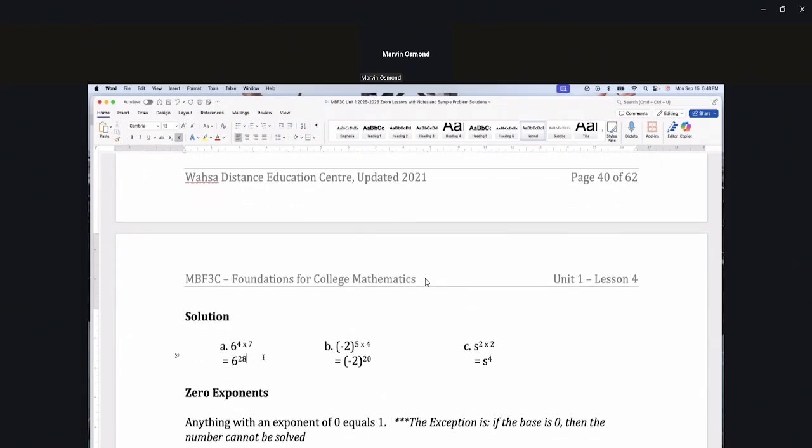In some cases it might say simplify and leave as a positive exponent, or if it just says simplify, it means we want an answer. I'm just going to see if I can get 6 to the power of 28. It would be 6.1409, so it will be 6 and 21 digits.